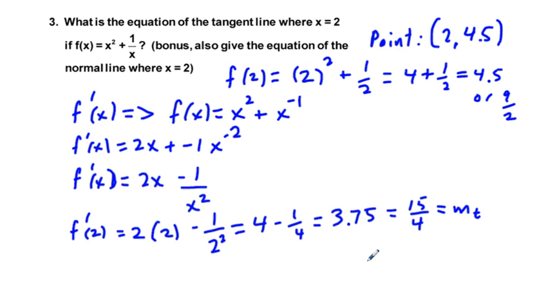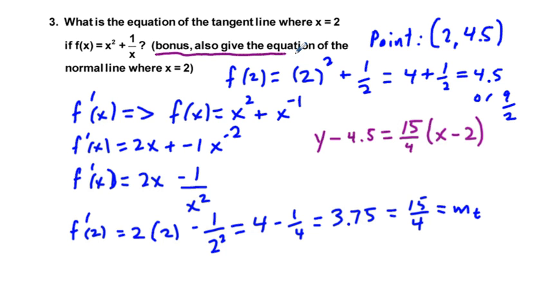And now writing the equation, we would say y minus y sub 1, which is going to be 4.5, equals m. Well, m is going to be 15/4, or we could write 3.75, times x minus 2. So this is going to be our tangent line equation.